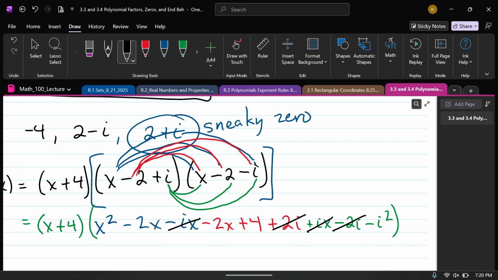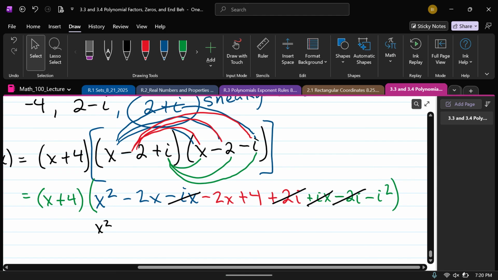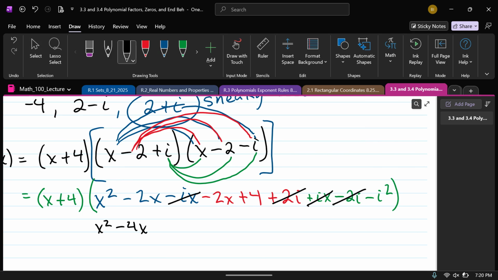I have a negative 2x and a negative 2x. They're not going to cancel each other out, but they're going to go together to make negative 4x. So I have x squared minus 4x. Now I've got some other stuff in here. I have a positive 4 and I have a negative i squared. What do we remember that i squared is equal to? Negative 1. i squared is equal to negative 1. So this is really negative negative 1.